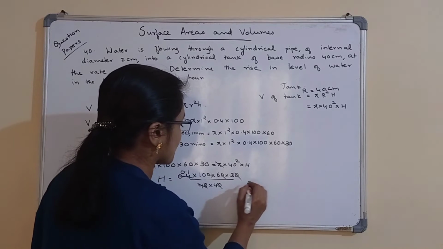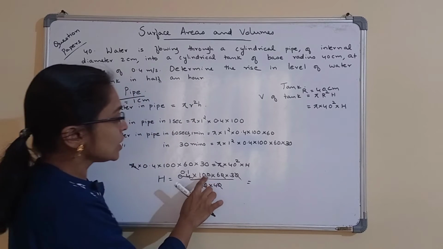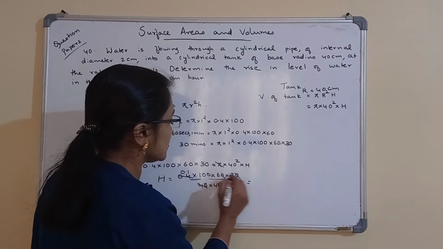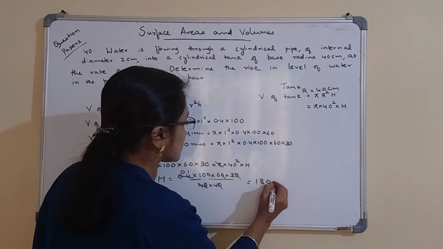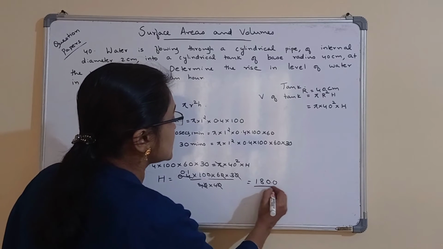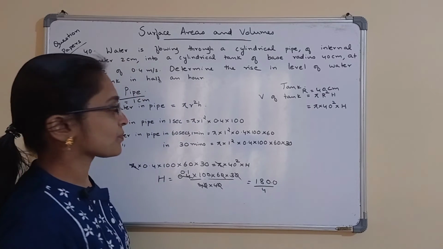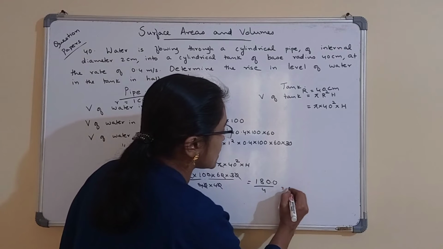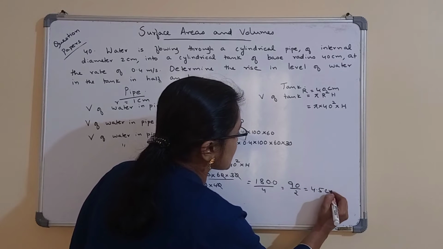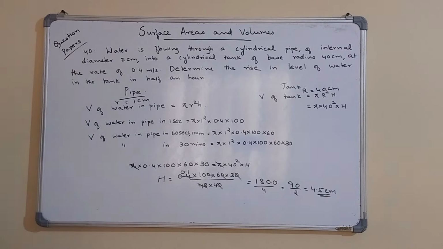Then this is equal to 6 into 3 into 100 into 0.1, that is 18 into 100, 1800 into 0.1, which is 180. 180 by 4, which is equal to 90 by 2, and that is equal to 4.5 centimeter. Okay.